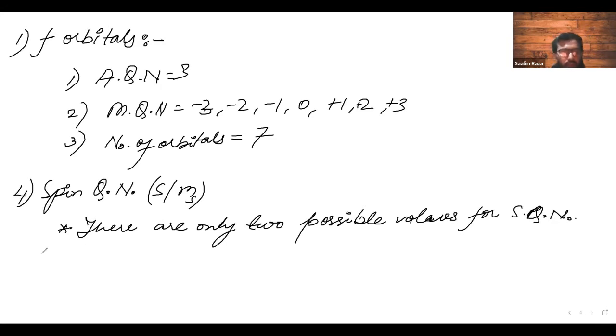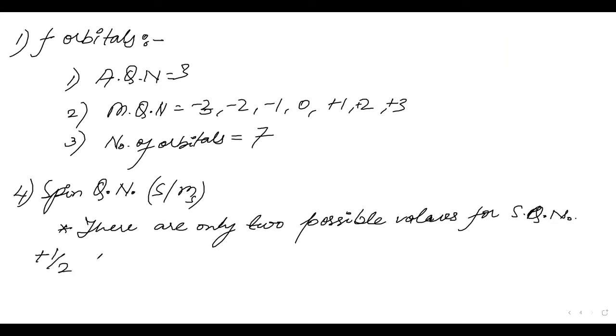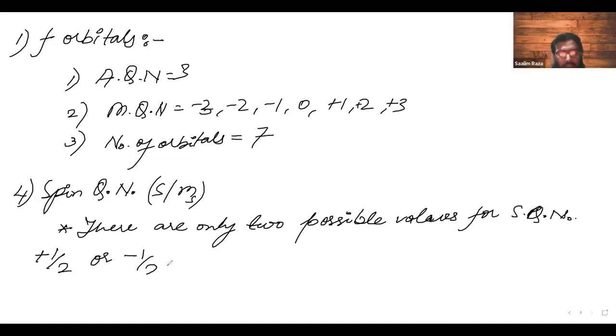What are those values? Plus half or minus half. Plus half is usually denoted for a clockwise rotation, and minus half for an anti-clockwise rotation.